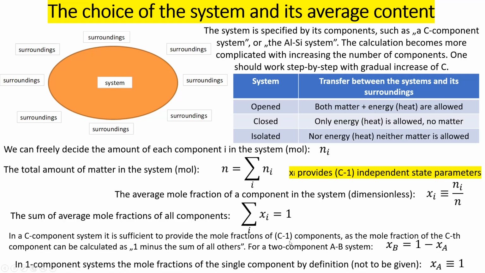But because we have only C-1 independent mole fractions for the C components in the system, Xi provides an independent state parameter only for C-1 components, and the Cth mole fraction is not mathematically independent.